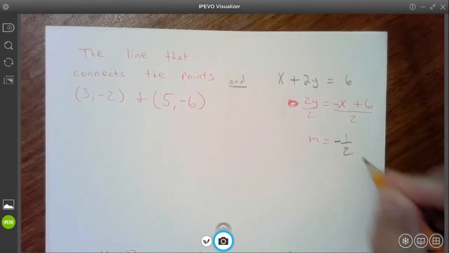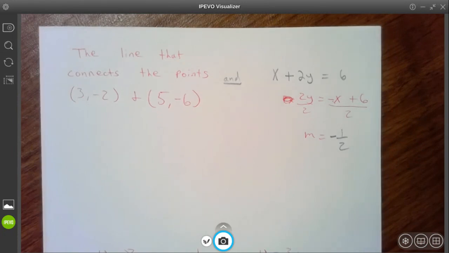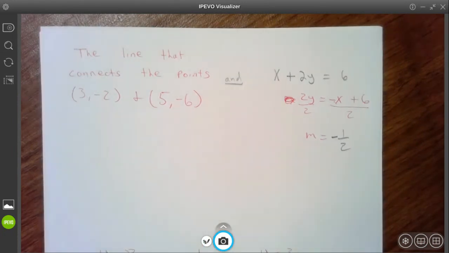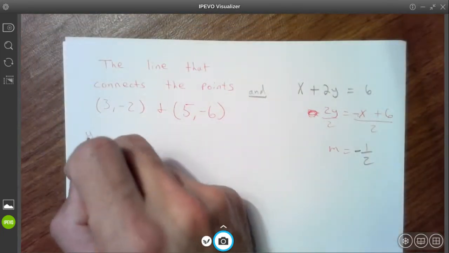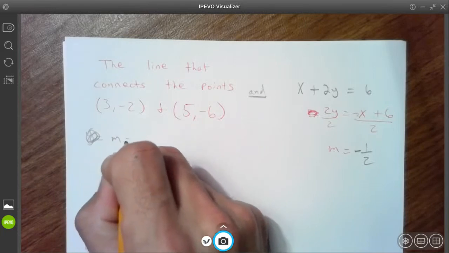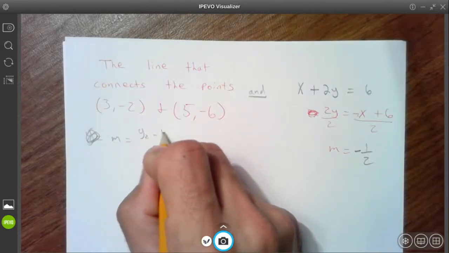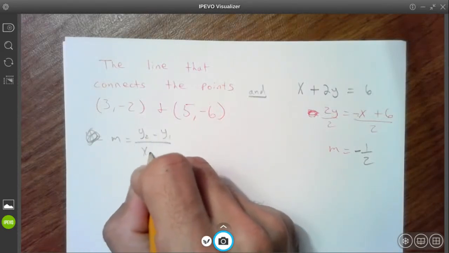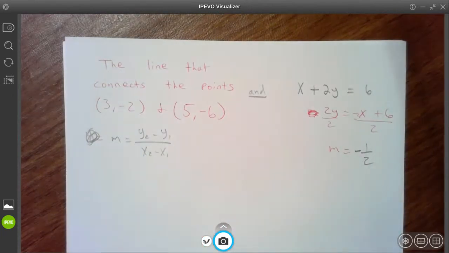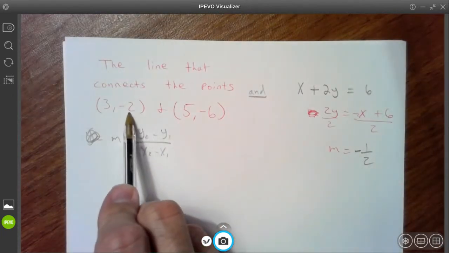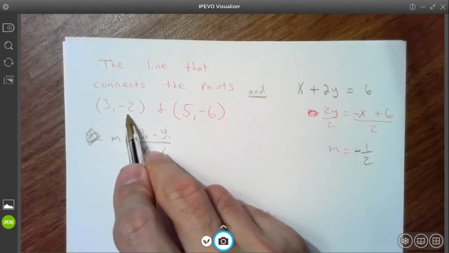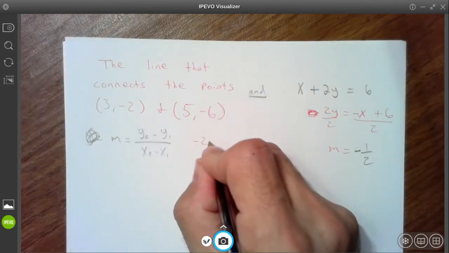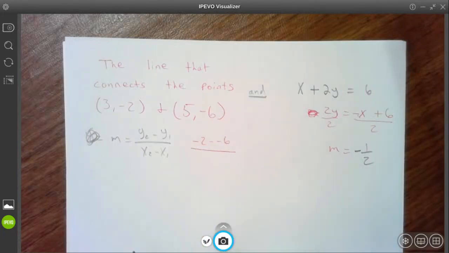Negative 1/2. All right. And then, of course, for this one, we're going to have to do the y2 minus y1, the old slope formula. So hopefully you got this thing down. y2 minus y1 over x2 minus x1. So we're just going to subtract the y values. So that's going to be negative 2 minus negative 6 on top.